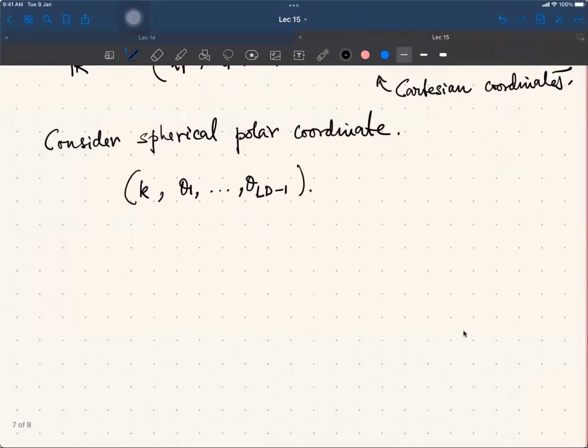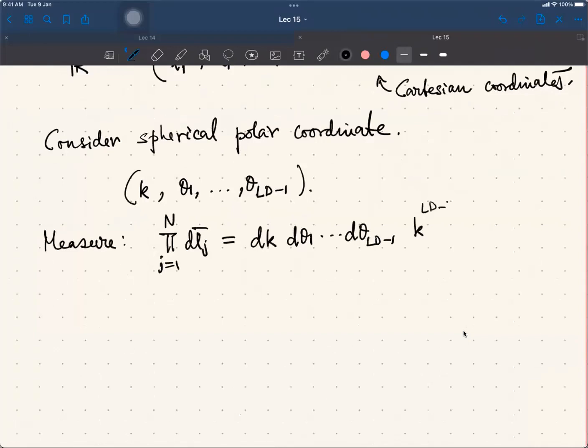And therefore the measure, the product j equal to 1 to n dlj bar, will be given by dk, then d theta 1 to d theta LD minus 1 times k to the power LD minus 1.